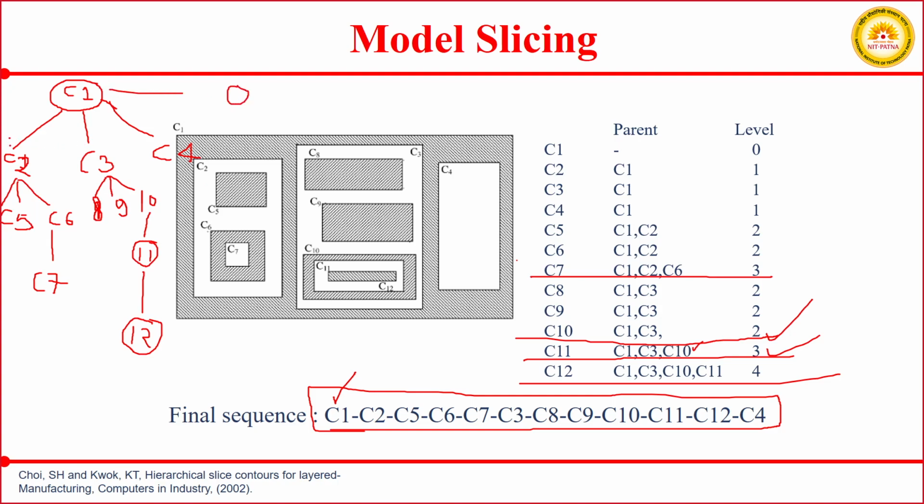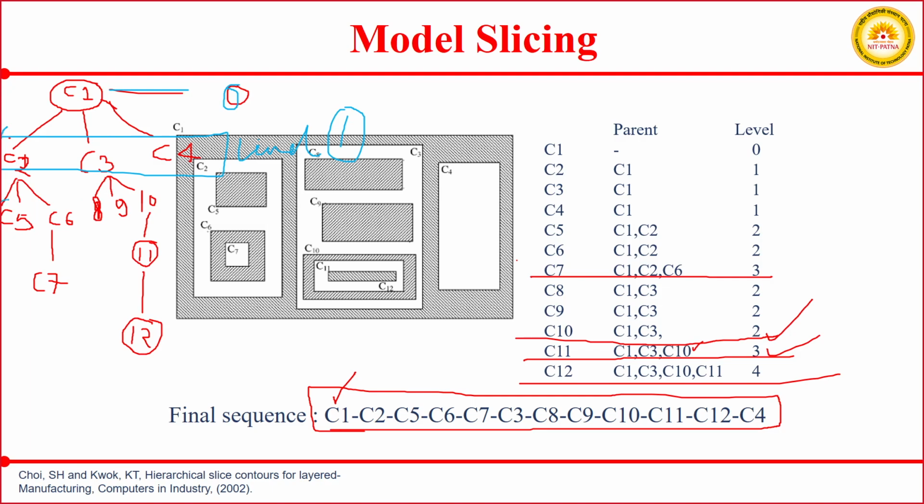Let me choose another color for more clarity. All these are at same level. C1 is having level 0. Then we need to group all the contours with the same level, that is C2. It is corresponding to level 1.